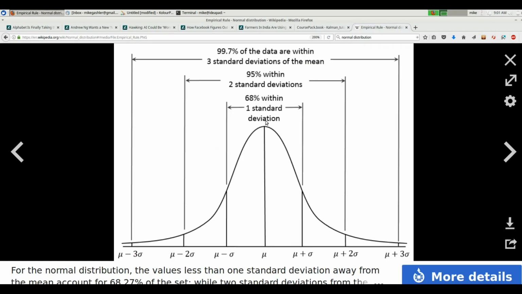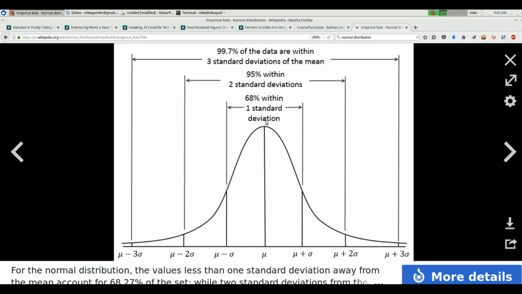Sorry for changing the instructions on you as we go. But let us look at the normal distribution for a moment. This is the normal distribution. Mu is the center of the crosshairs. Sigma is one standard deviation away.